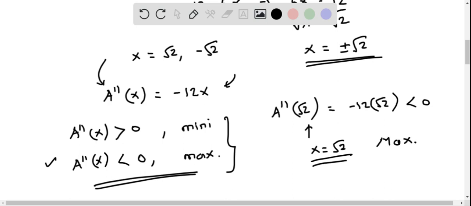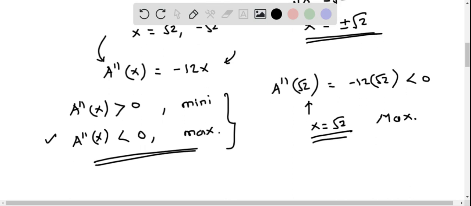We can verify by substituting the second value, that is at x equal to negative root 2. So this becomes A double prime of negative root 2, and this becomes negative 12 times negative root 2. This is a positive quantity, because negative times negative is positive, and this basically gives 12 root 2.